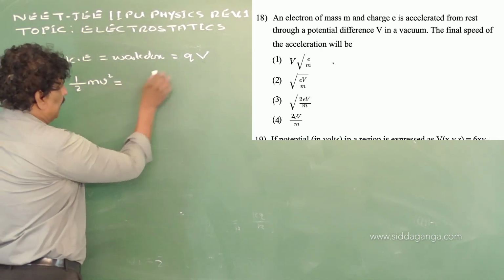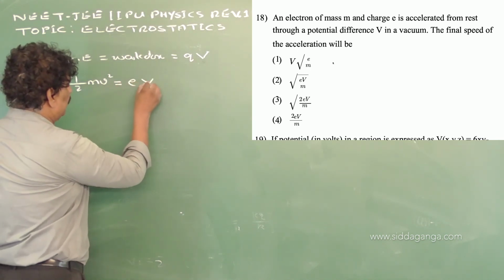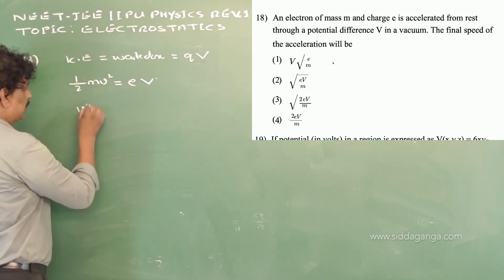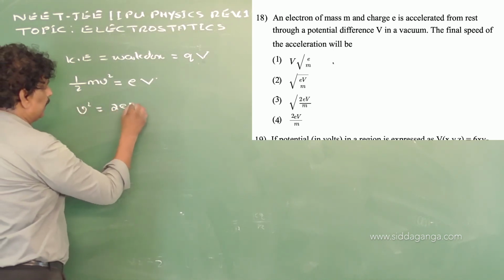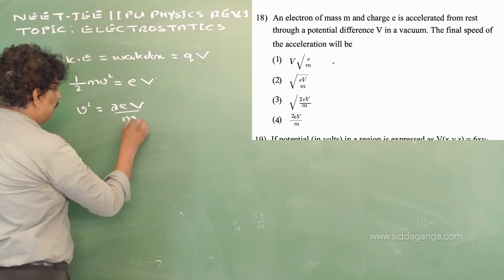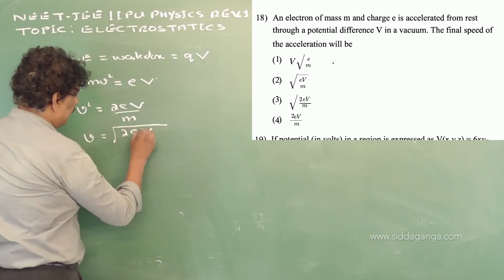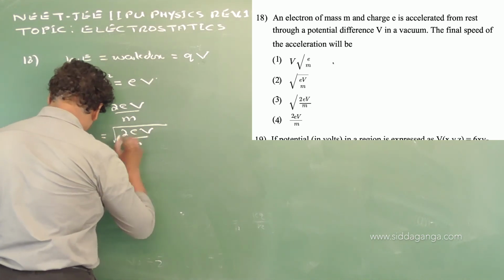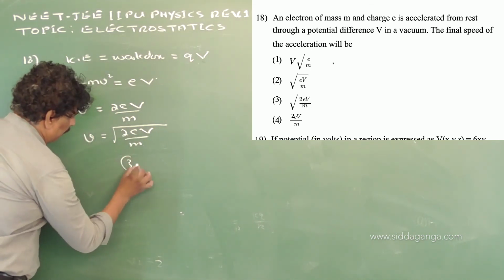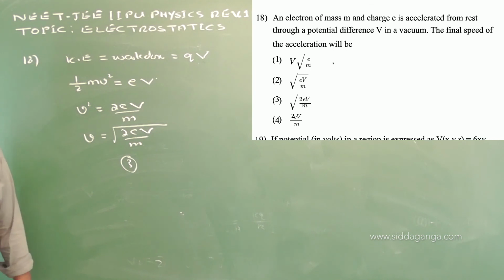That is equal to work done, that is e into V. So v square is equal to 2eV by m, or v is equal to square root of 2eV by m. So option 3 is the right option.